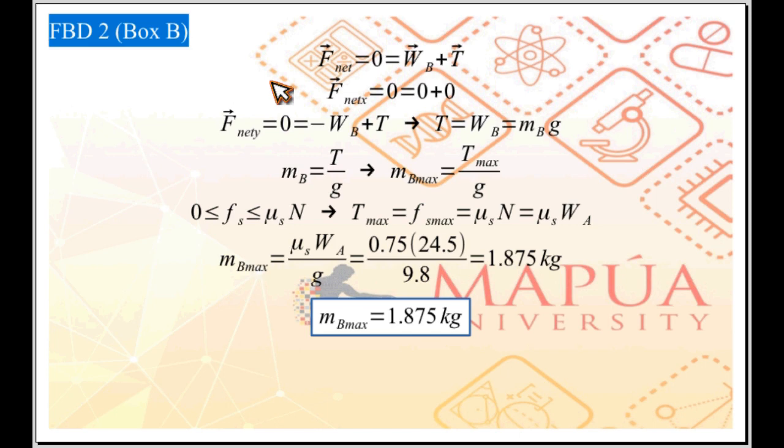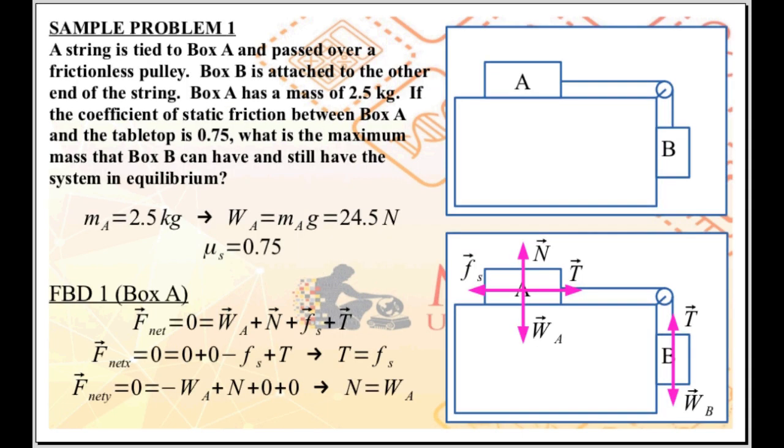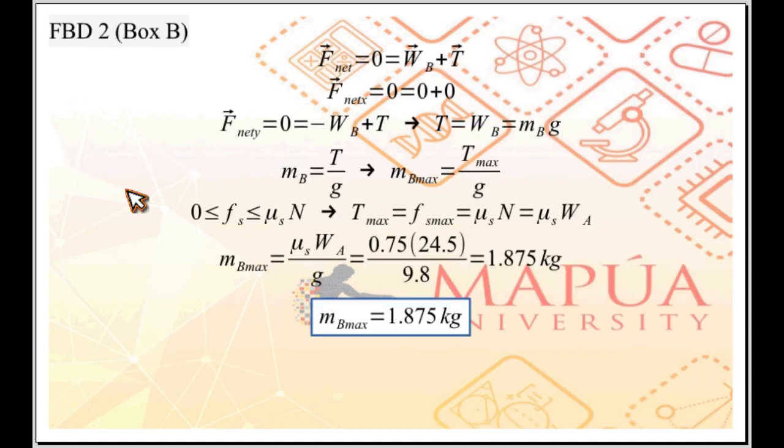So the summation of the forces acting on box B, you have weight B plus tension T. Weight B is negative direction, tension T is positive direction. Both are vertical, so no x component. We go directly to y component.